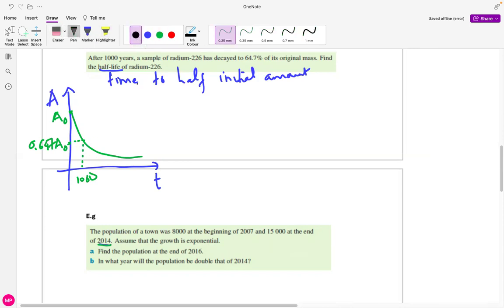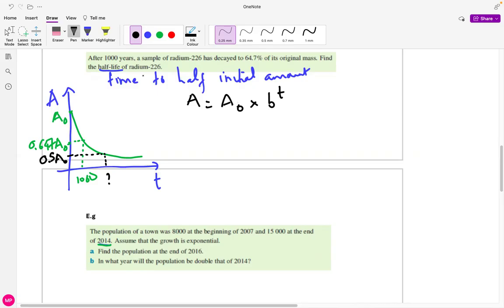Okay. Now, they say for the half-life, the time it takes to halve the initial amount. The initial amount is A0, so half of that will be 0.5 A0. So we want to know how long it takes to get to 0.5 A0. So we pretty much do the same thing. We're going to have model A equals A0 times b to the power of t, and we don't know A0, right?